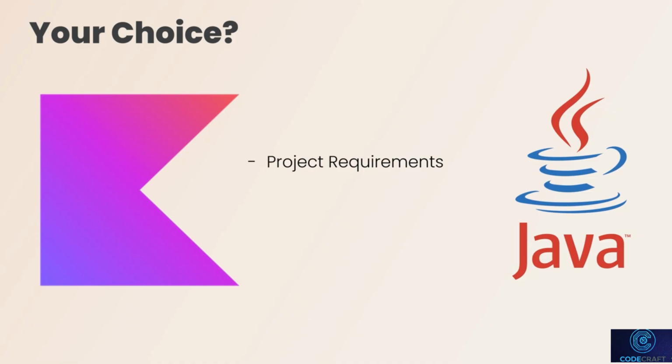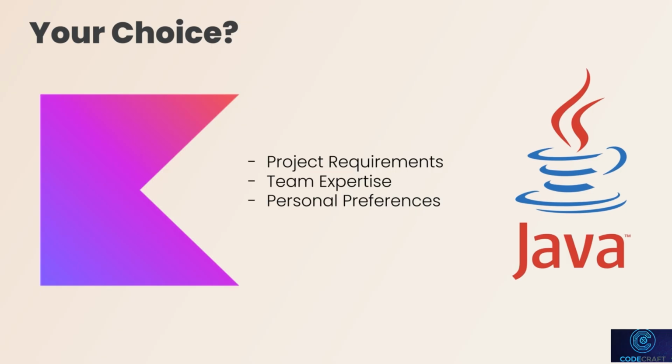It excels in null safety, extension functions, lambda expressions, and coroutines, making it a preferred choice for many Android developers. However, Java still has a significant presence in the Android ecosystem, and it's worth considering the specific requirements and constraints of your project when choosing between the two languages.